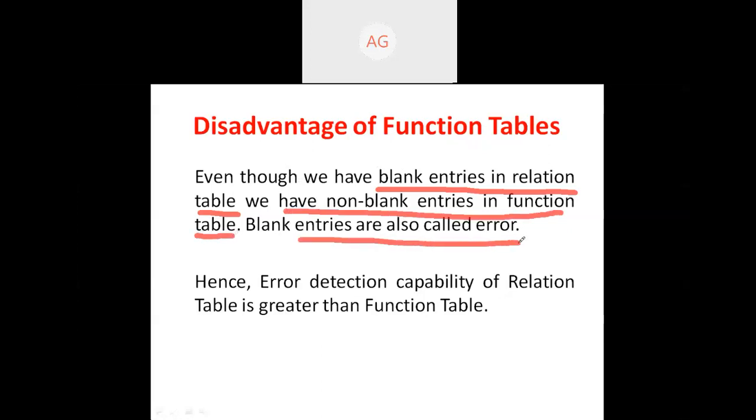So the function table does not give us a clear picture of the errors present in the operator precedence parsing table. Hence the error detection capability of the relation table is greater than the function table. The function table does not detect the errors, so for detecting errors we need the operator precedence parsing table. This is the disadvantage of the function table, but in terms of space, the function table has the advantage over the relation table.